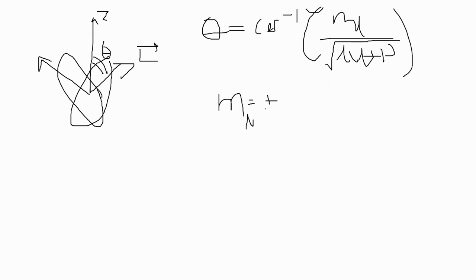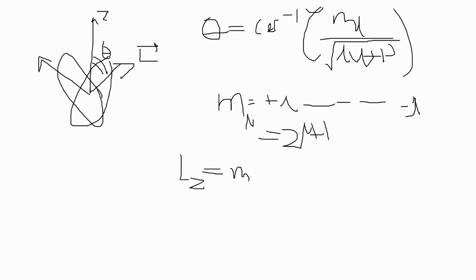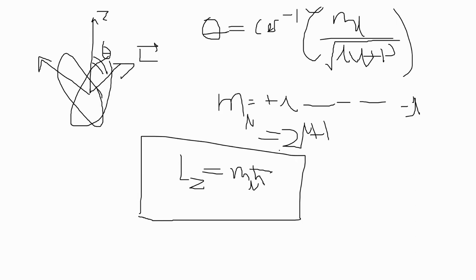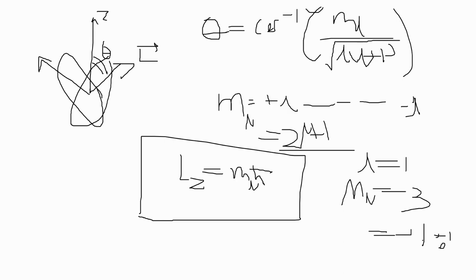Ml has values from plus L to minus L, that is, 2L plus 1 values, such that the z component of angular momentum will be ml h cross. If L equals 1, then ml will have 3 values: minus 1, 0, plus 1, and these come into play in the presence of an external magnetic field.